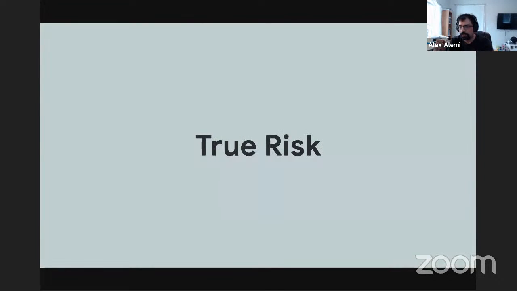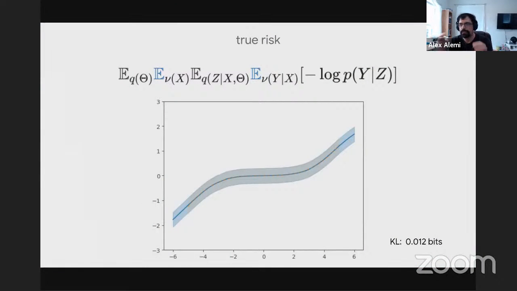And what we really want would be to try to minimize the true risk, right? So if you think about what we've done here, if we really had access to everything, what we would want to do is to ensure that we get our model as close as possible to the true joint distribution.